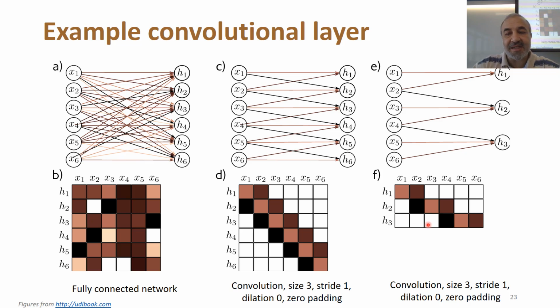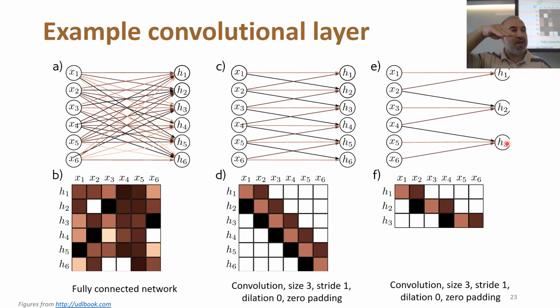Again, this is a special case of a fully connected network, right? So a fully connected network in this case, how many weights we should have? If we have input like that and hidden units like that, how many weights in between these 2 layers? 6 times 3, right?